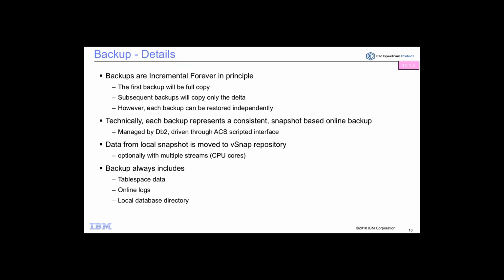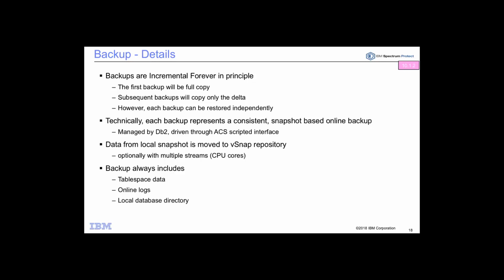Just some information on how we do the backups. As I mentioned before, the first backup will be a full copy, and subsequent backups will copy only the delta. But when we store those, we'll allow each one of them to be restored independently. So we don't need to apply the full and then apply the deltas. It's just one independent snapshot for restore purposes.